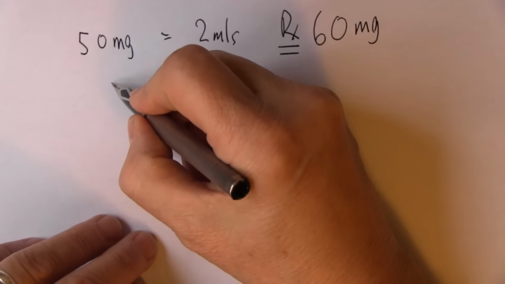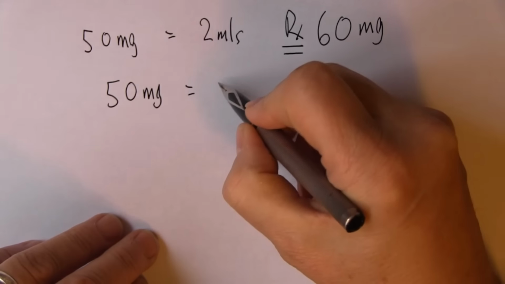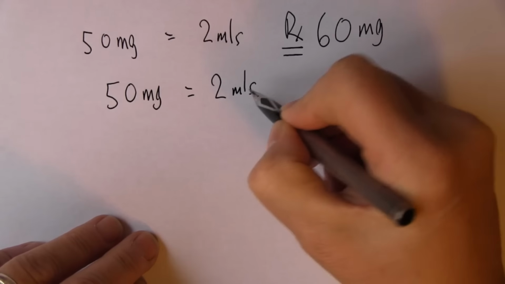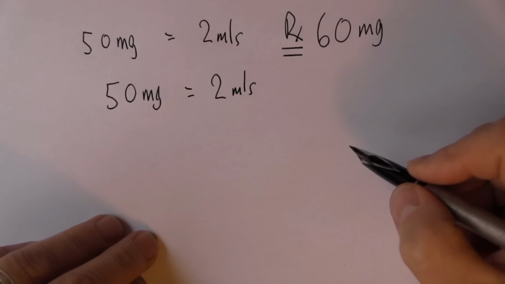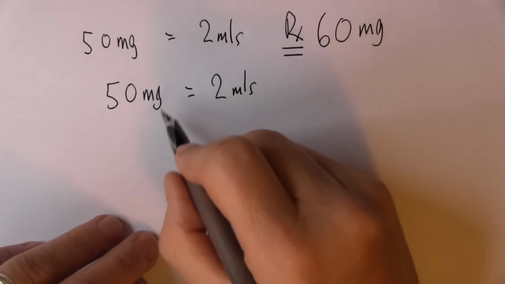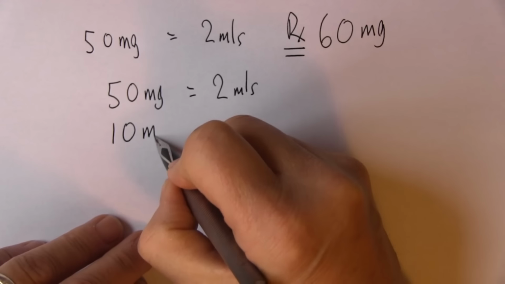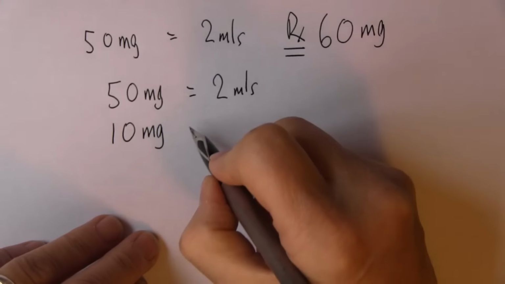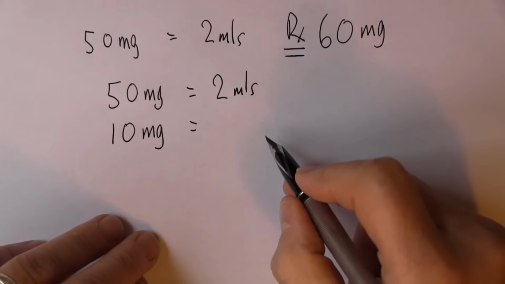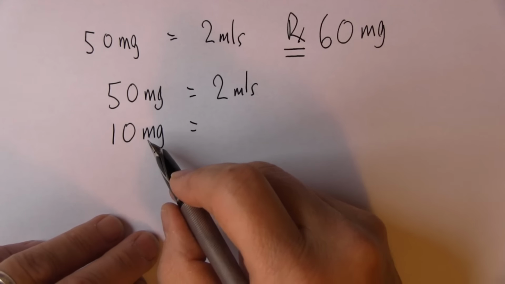Well, we know that 50 milligrams equals 2 mils. 50 milligrams in 2 mils, that's fairly straightforward. Now what I'd kind of like to find out now is what volume is 10 milligrams. So if there's 50 milligrams in 2 mils, what volume are 10 milligrams in?